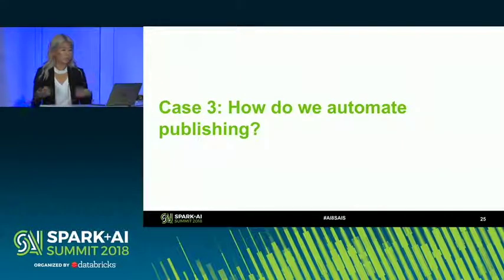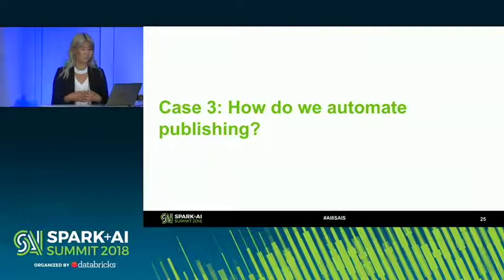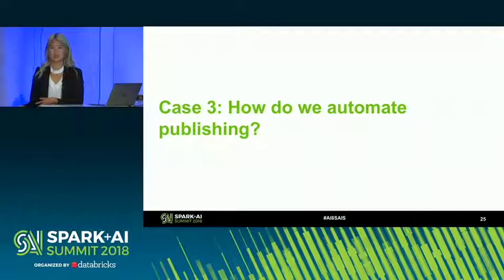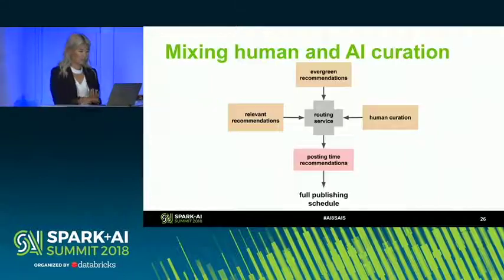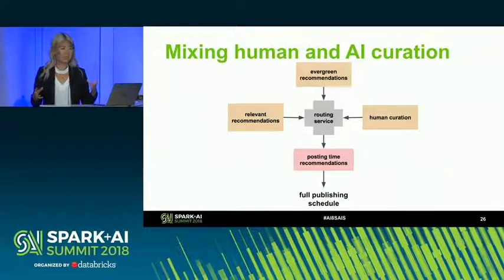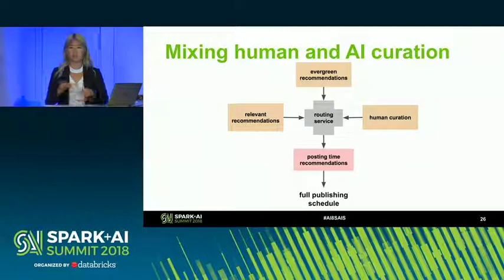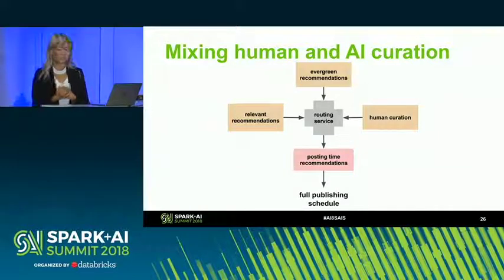So how do we put this all together so that we can automate this entire leg of the publishing process? So the idea is that we take all these different inputs on which items to post on which channels. So that comes from our relevant recommendations model, our evergreen recommendations model, as well as our actual human input.